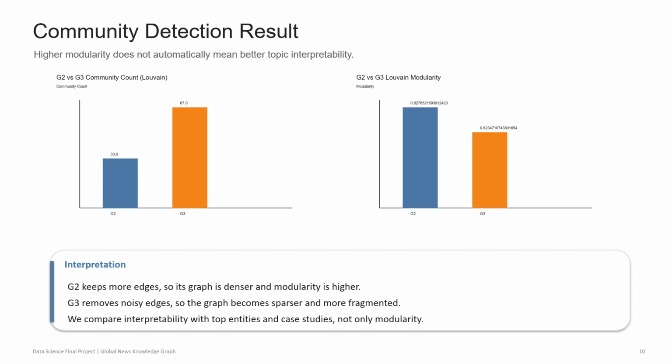It has more edges, so the graph is denser, and the communities are easier to form. G3 removes many weak edges, so the graph becomes more fragmented. This is why G3 has more communities and lower modularity. Therefore, modularity alone is not enough. We also need qualitative interpretation and case study.